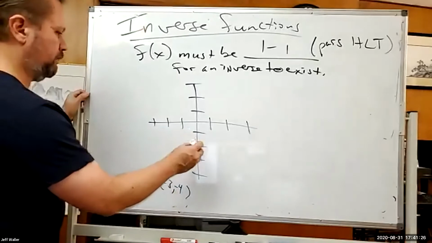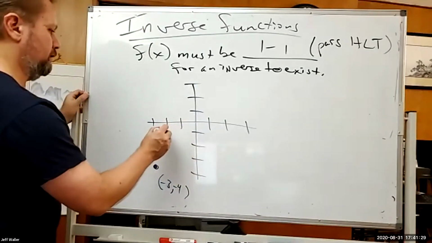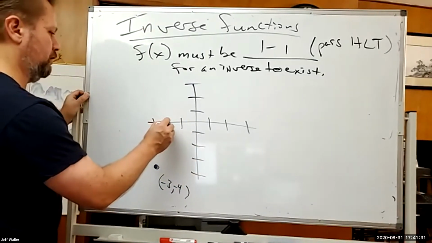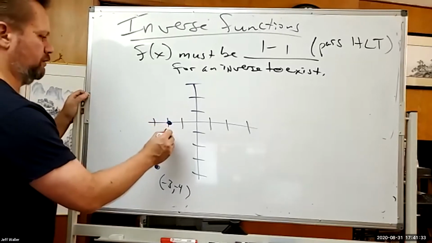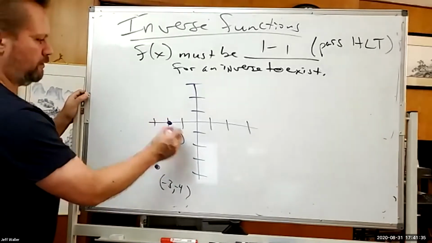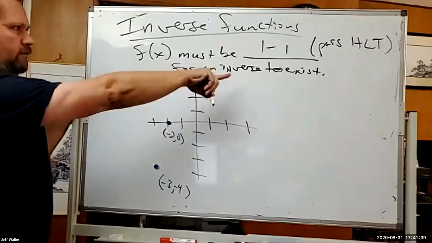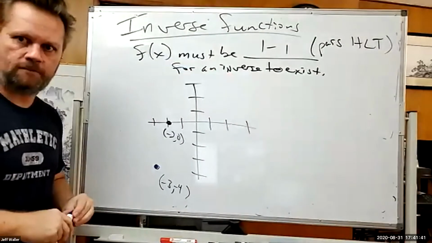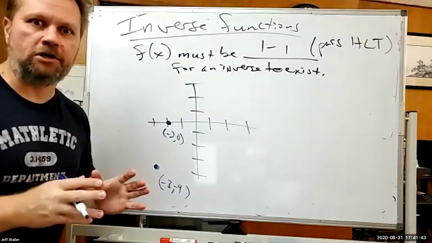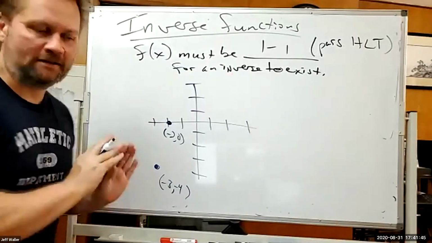And then let's say I go here. So that, of course, is (-2, 0). Can I go this way and still make this kind of a function? No. I have to continue going up.